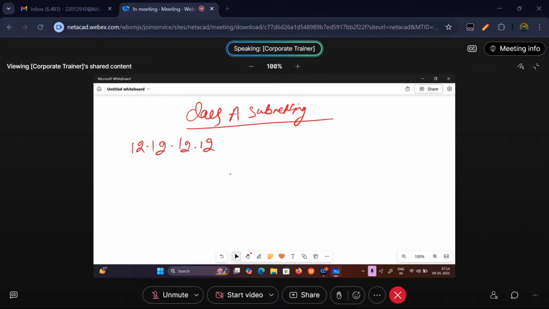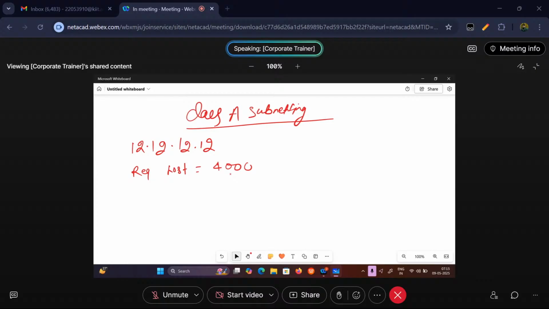And we require that number of hosts, or maybe number of networks. So suppose we have a requirement of hosts is 4,000. That should be the required hosts equal to 4,000.